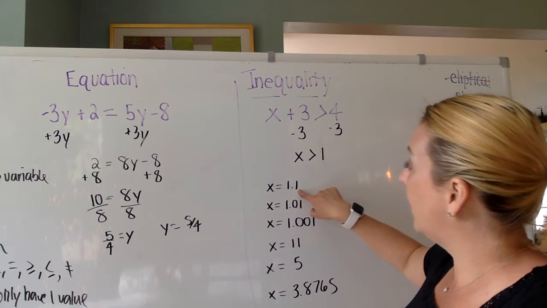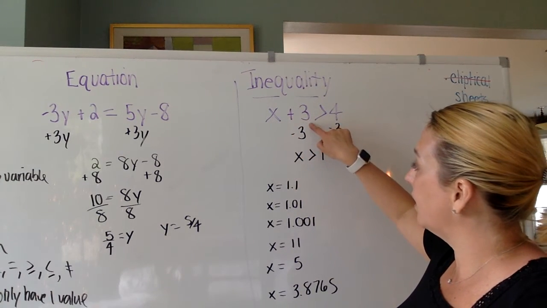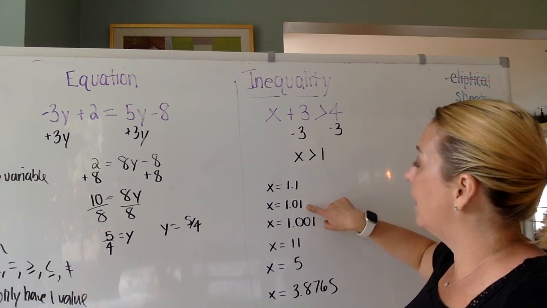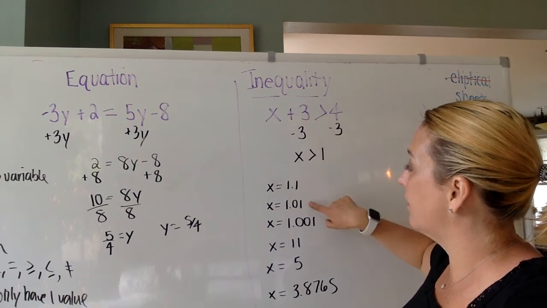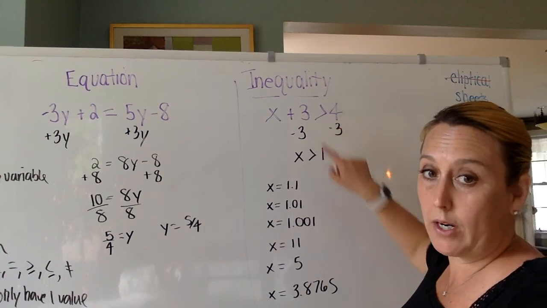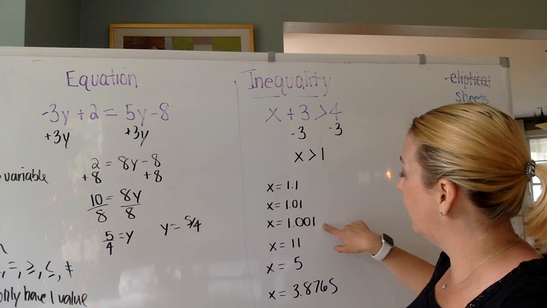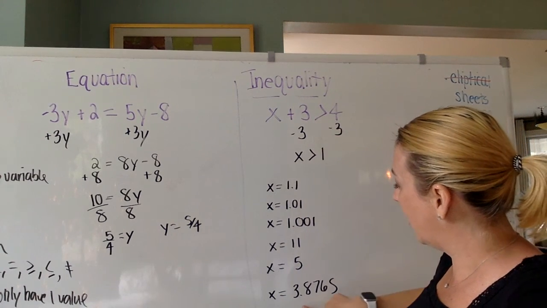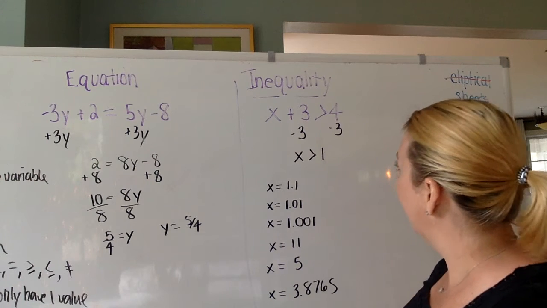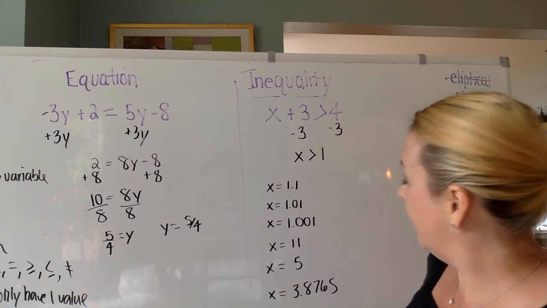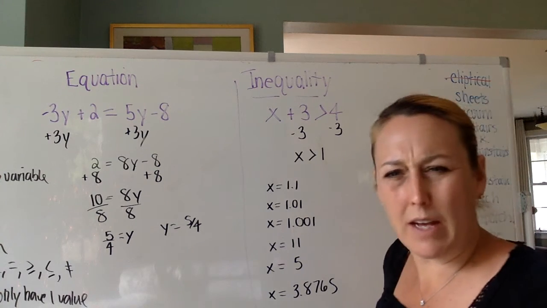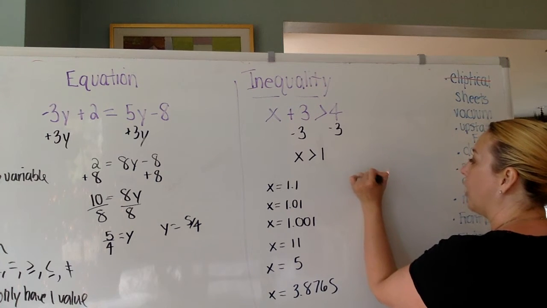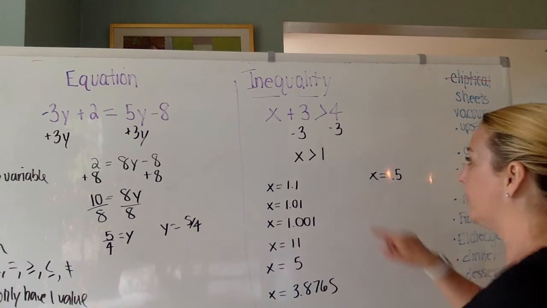If we plug 1.1 in, 1.1 plus 3 is 4.1, and 4.1 is greater than 4. With 1 and 100th, plus 3 is 4 and 100th, which is greater than 4. Same thing here, I'd end up having 4 and 1,000ths. Here, I would have 14 is greater than 4, and 8 is greater than 4. With 3.8765, I'd have 7 and 8,765 10,000ths.